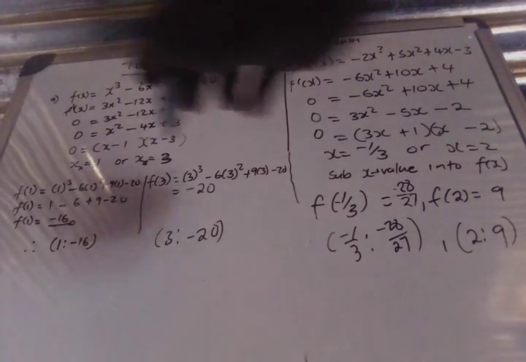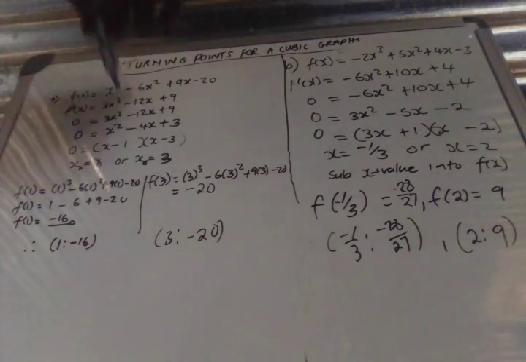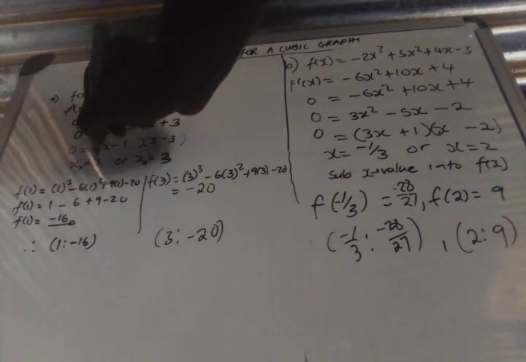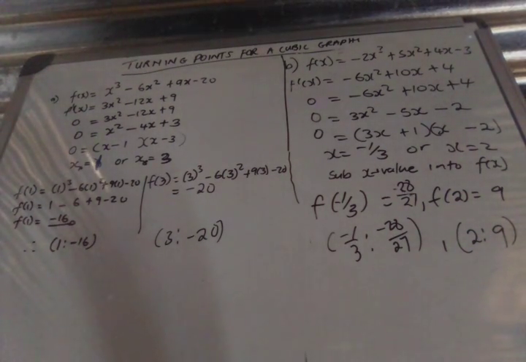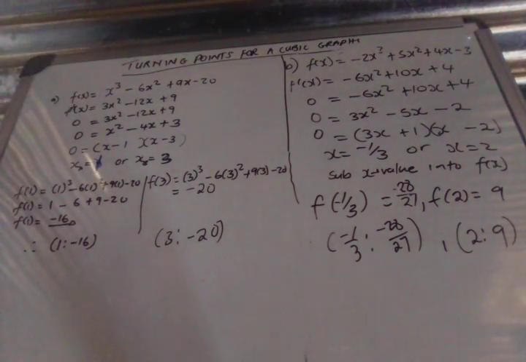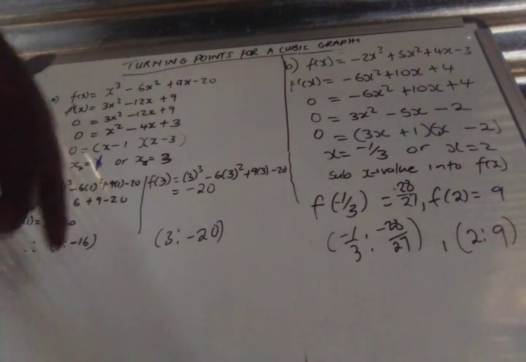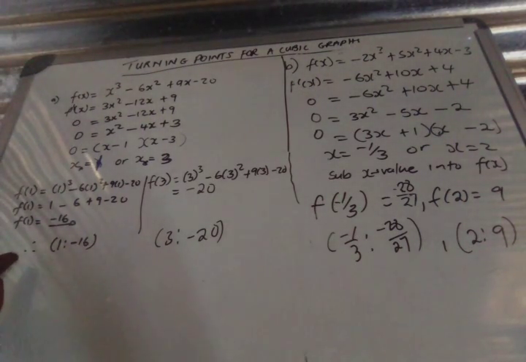Then from here you take your x values and substitute them into the original function. If you substitute 1 into f of x, you'll end up with negative 16. So one of your turning points is going to be (1, -16).